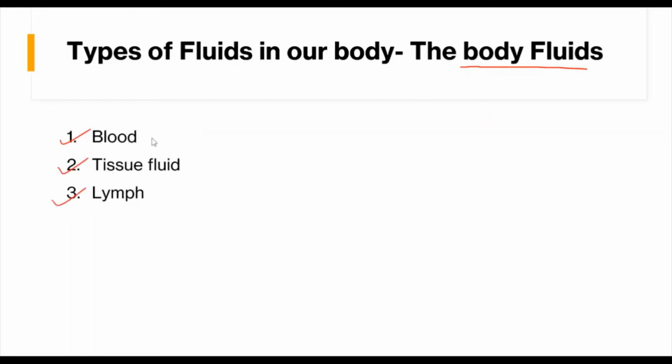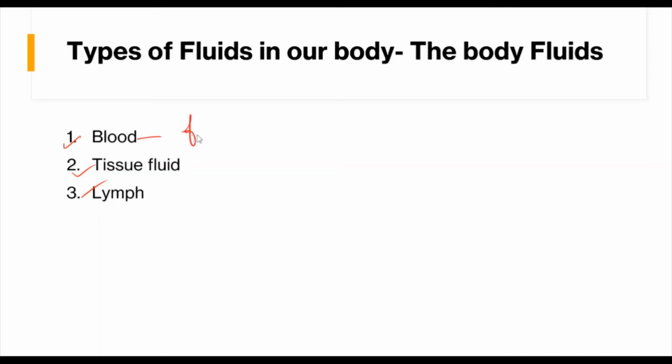In this class we are going to have just an overview of blood and lymph. Blood and lymph are a much more detailed concept that we will do in a lot of detail in some other session separately. Okay, so now we are going to have an overview of all the three. So let us start with the blood first.